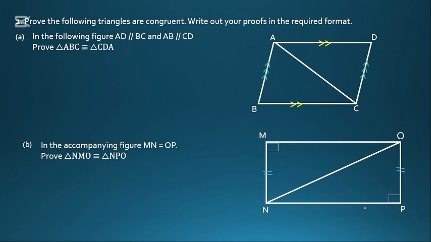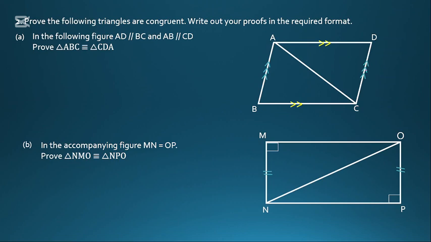Now you must prove the following triangles are congruent. You must write out your proofs in the required format. So you'll have to start by saying: in triangle ABC and ACD. That is how we start. Now they also tell you that in the following figure, AD is parallel to BC and AB is parallel to CD.